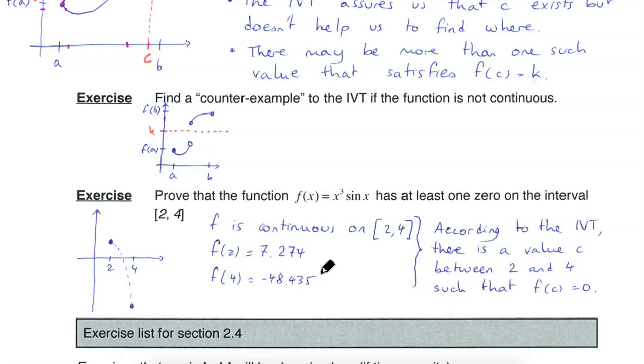According to the IVT, there is at least one value c between 2 and 4 such that f of c equals 0. If we started here and we ended down here and the function is continuous, we must cross the x-axis somewhere. That's what it says. As you notice, it doesn't tell us where, but it just promises us that it exists.